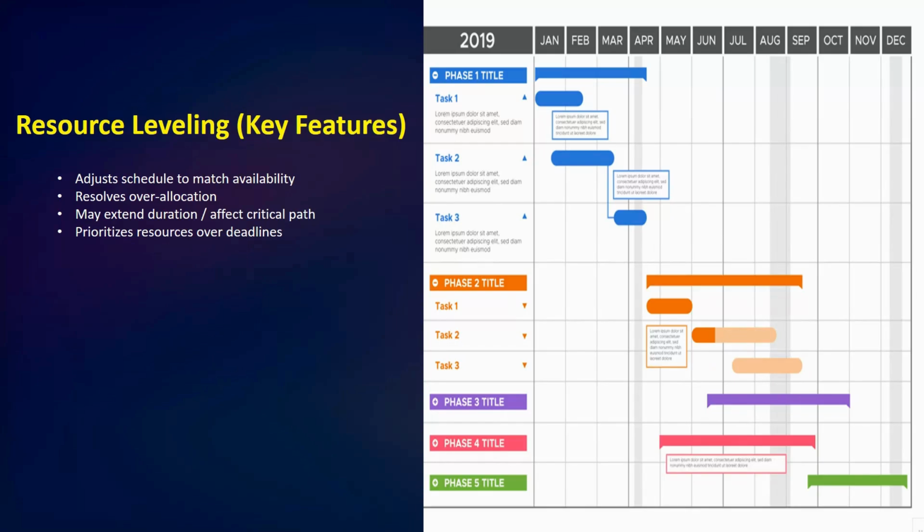It also impacts the duration, as leveling often extends the project duration or shifts the critical path. With leveling, resources are prioritized over deadlines. The main focus is to avoid over-allocation, even if it results in a longer project timeline or duration.